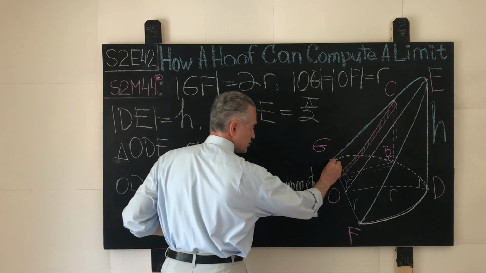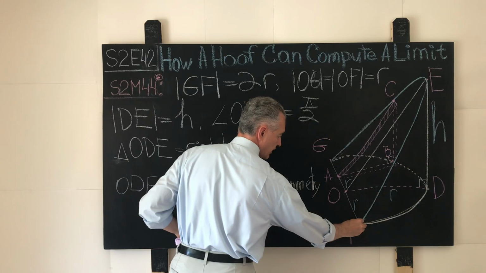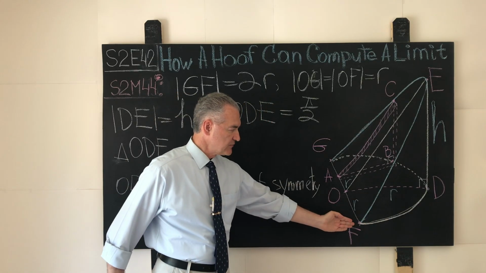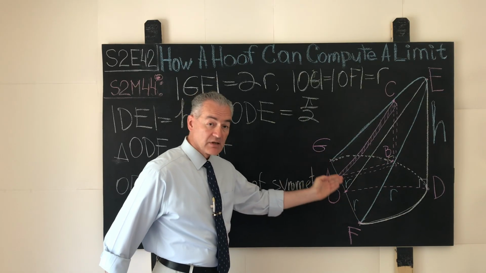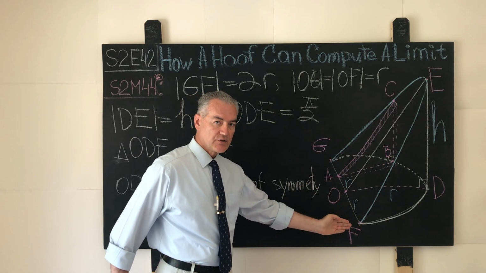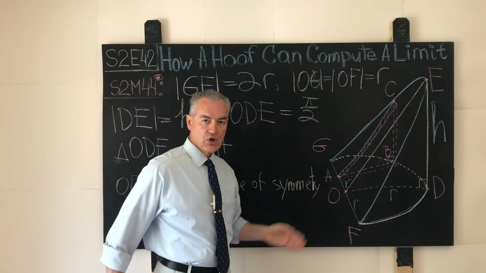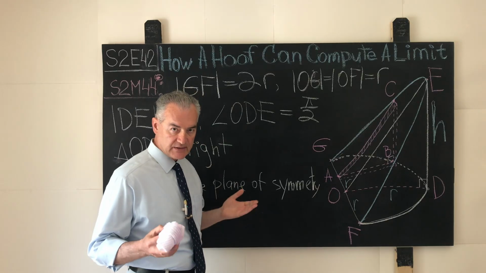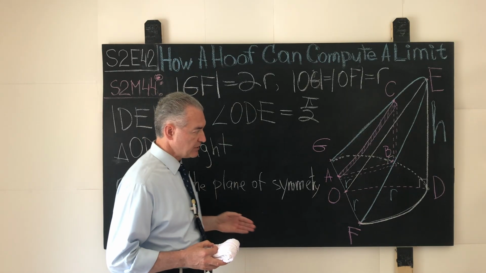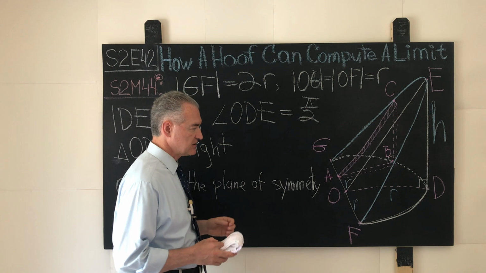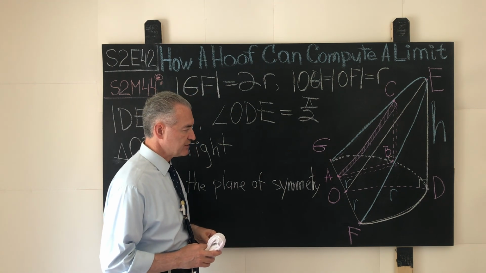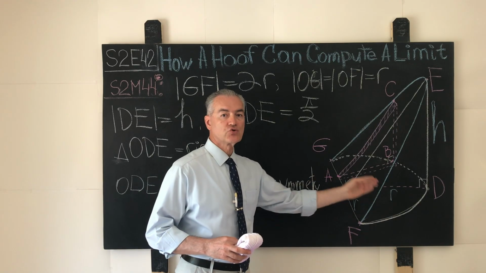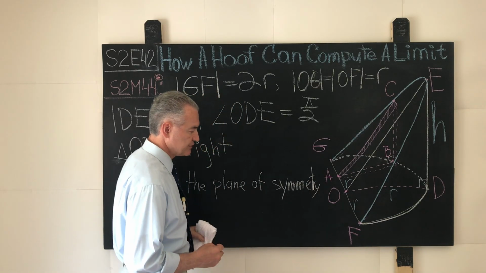The point G over here and the point F shown over here represent a line segment or a diameter of the circular base of the generating right circular cylinder, and we all by now know and understand what it means, because a hoof of Archimedes is generated precisely by a right circular cylinder. In other words, GF is a diameter of a circular base of the generating right circular cylinder.